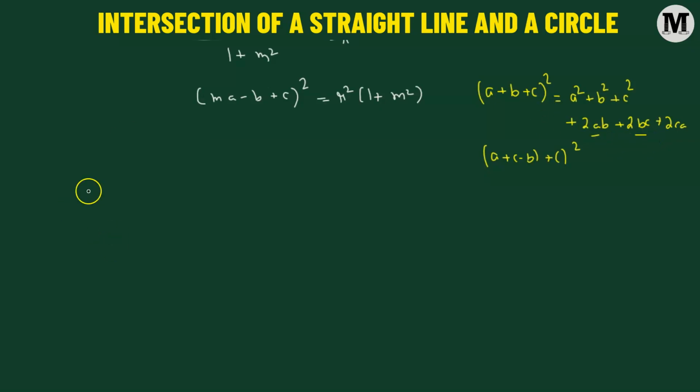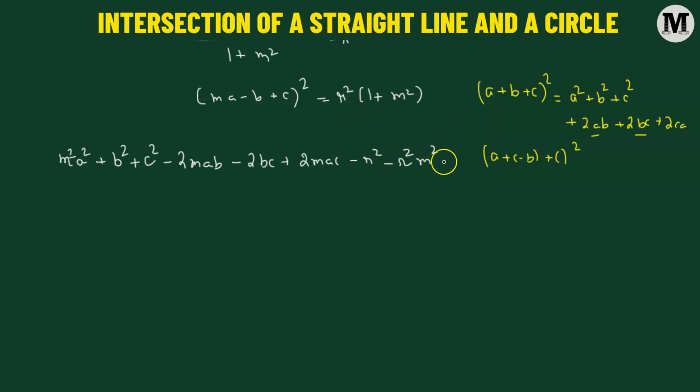Okay, so let's apply. We get m squared a squared, plus negative b squared, that will be simply positive b squared, plus c squared minus 2mab, then we have negative 2bc plus 2mac minus r squared m squared. So we've transposed the terms from the right hand side to the left hand side.